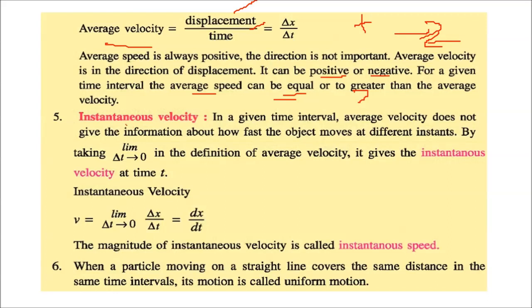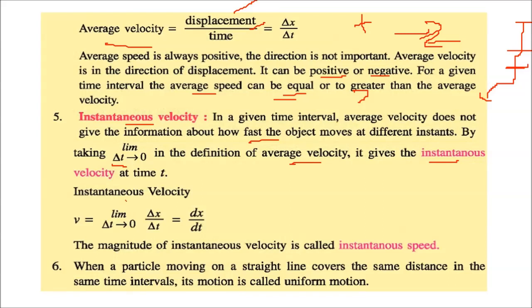Now, instantaneous velocity. If something is moving like this, we want to find out at this instance what is the velocity. For a given time interval, say from here to here, the average velocity does not give the information about how fast the object moves at different instances, like for example this instance. So by taking the limit, which is delta t tends to 0, very small time, the definition of average velocity becomes instantaneous velocity.